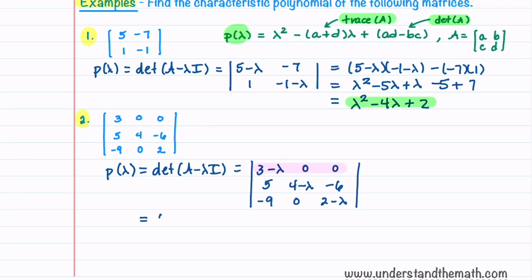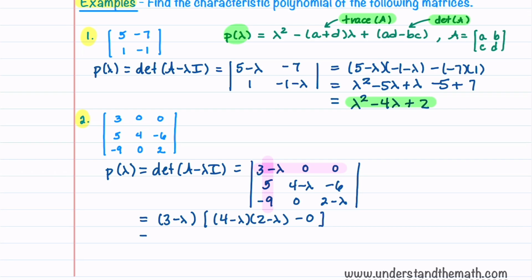This is going to be equal to 3 minus lambda times the matrix that remains after crossing out the row and column common to 3 minus lambda, and that's going to be 4 minus lambda times 2 minus lambda minus 0.